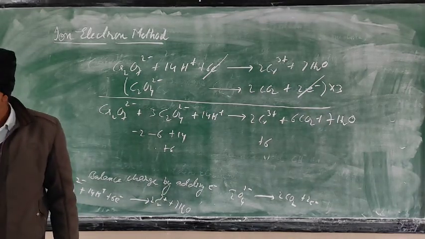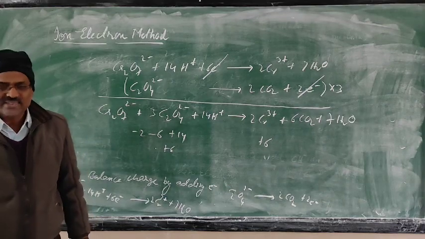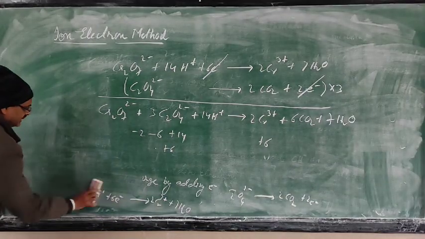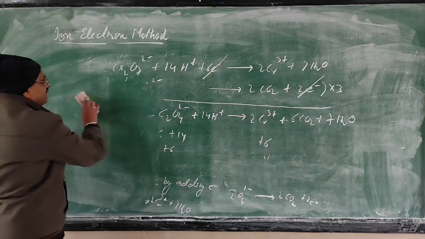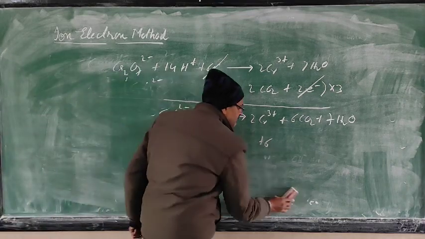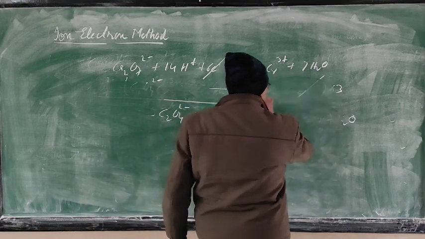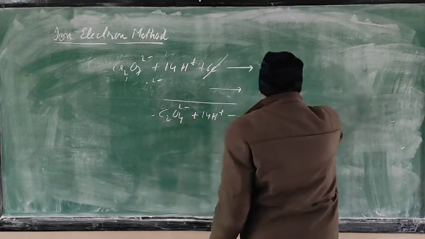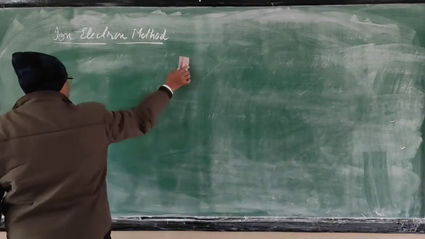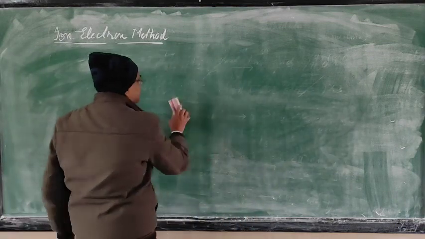Another one I am going to take in basic medium. So another example we will take in basic medium. You have to learn the rules. If you keep the rules in your mind, you can balance it very easily.